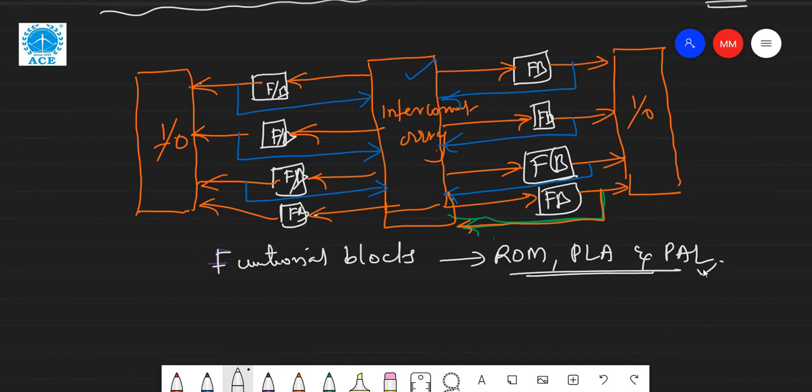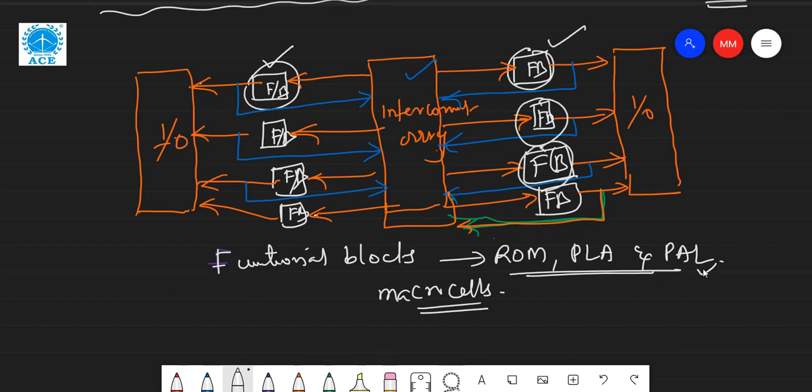And it also consists of macro cells. What are the macro cells? We'll discuss them. So it consists of multiple blocks. Suppose this one is functioned with some functionality, and that one with other functionality, like that. I can give individually n number of functionalities, whatever I require.